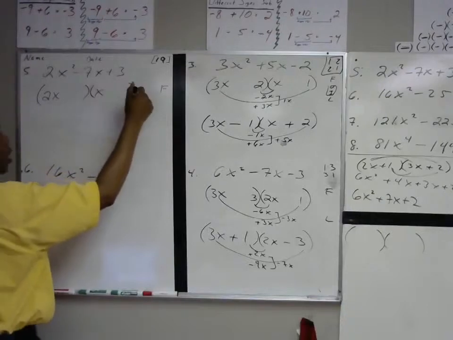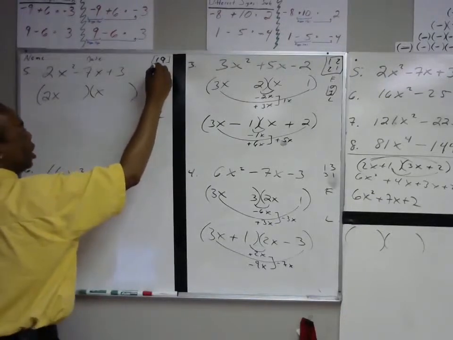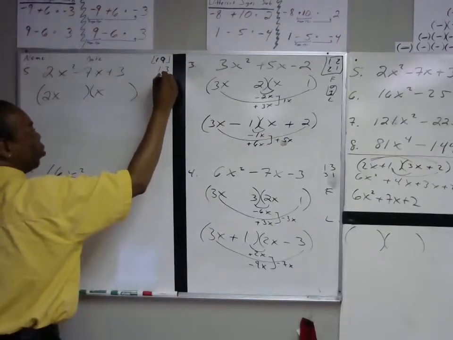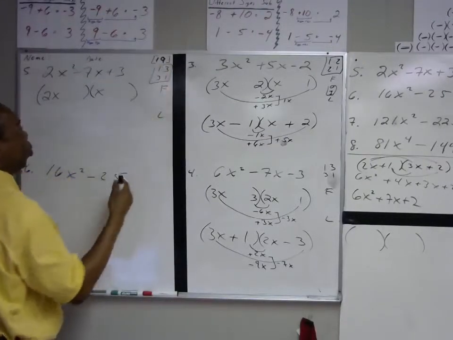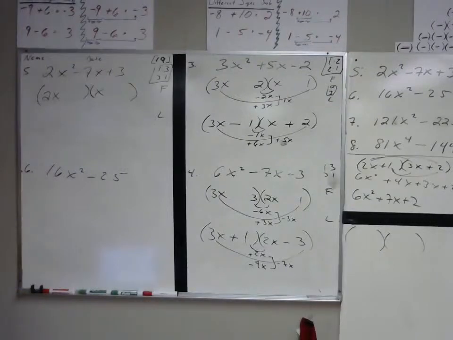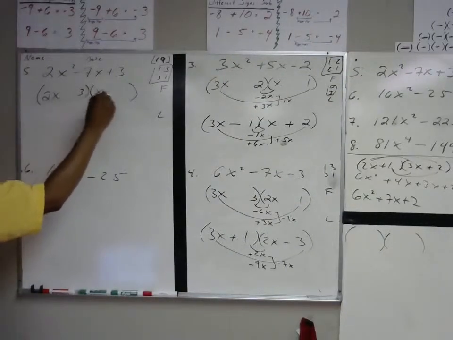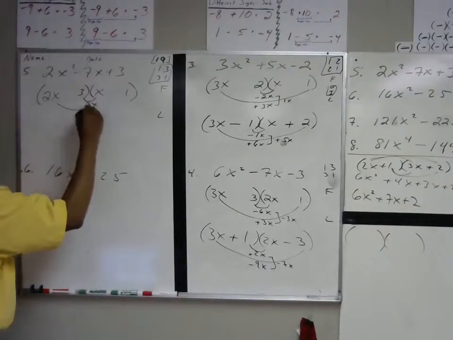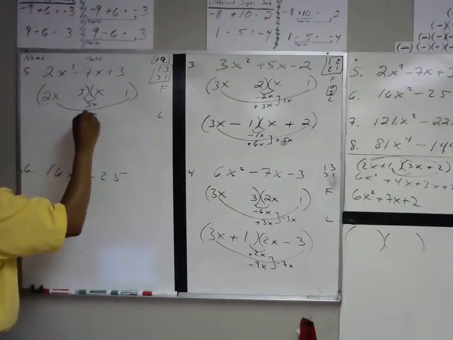Now, the 3, which is the last term, was either 1 times 3 or 3 times 1. I'm not sure which one it was, so let's try 3 times 1 and see if that works. That gives me 3x on the inside, and the outside gives me 2x.